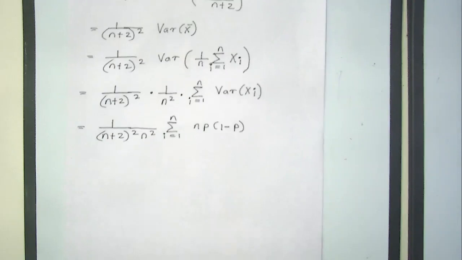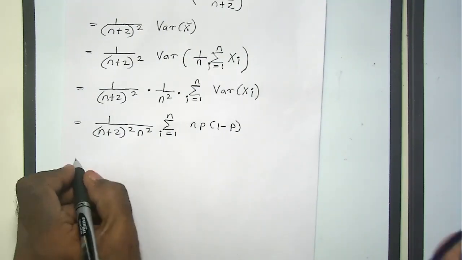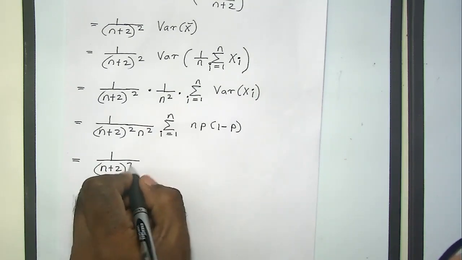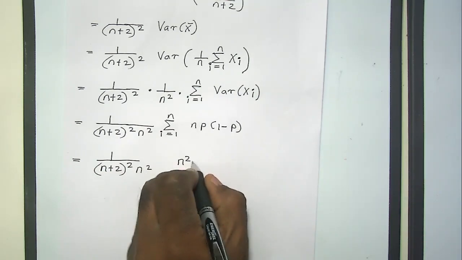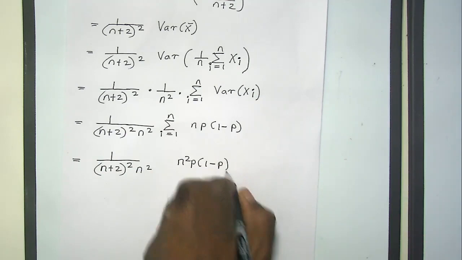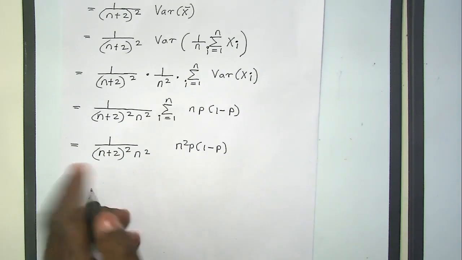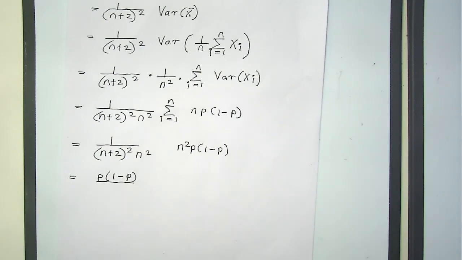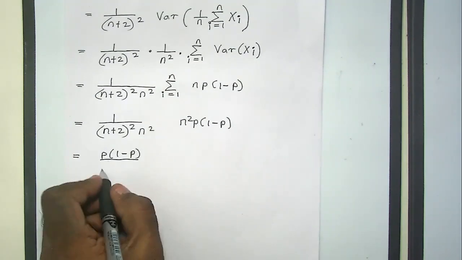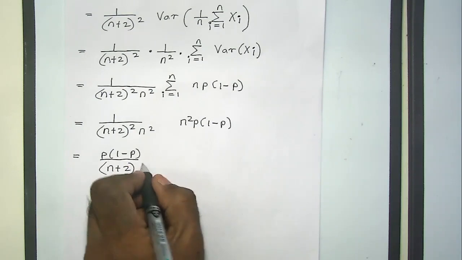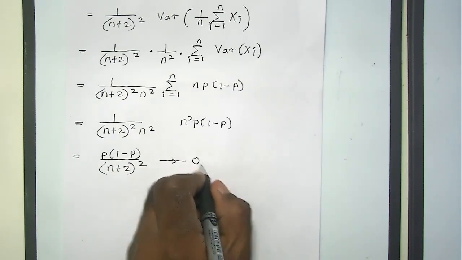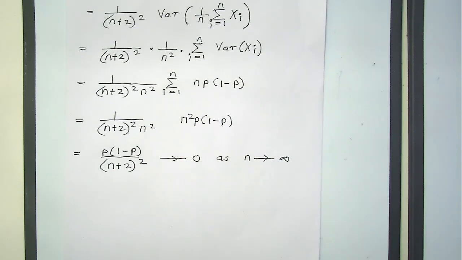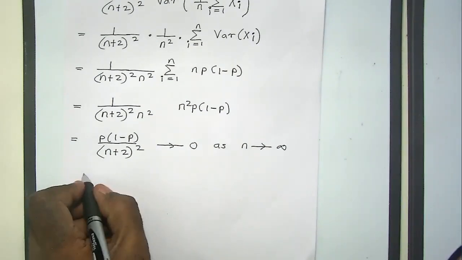Summing this gives you n squared p (1 minus p), and simplifying this, you get p (1 minus p) divided by (n plus 2) squared, which approaches 0 as n approaches infinity.